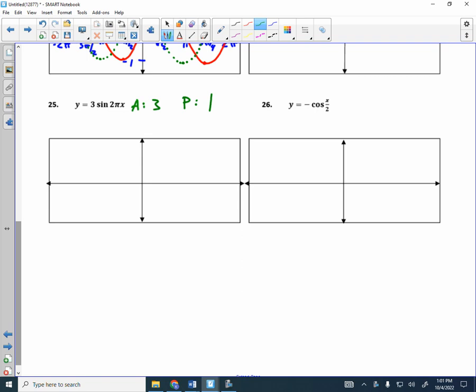So we're going to mark off 1, divide it in half to get a half, divide it in half to get a fourth, and then 3/4.